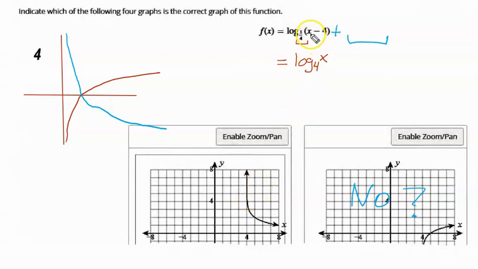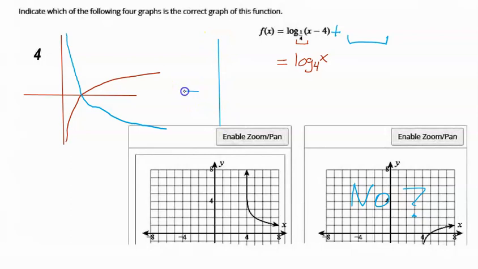Well, we said when it's inside the parenthesis like this, it's going to shift it horizontally, and it's the opposite sign. So it's going to shift it 4 units, which this one is indicating 4 units, but this was also horizontal. So we're going to look for a graph, and I'll just sketch that one here.